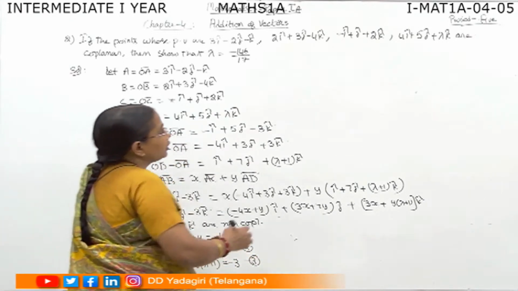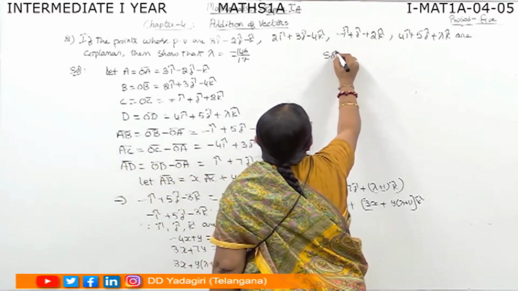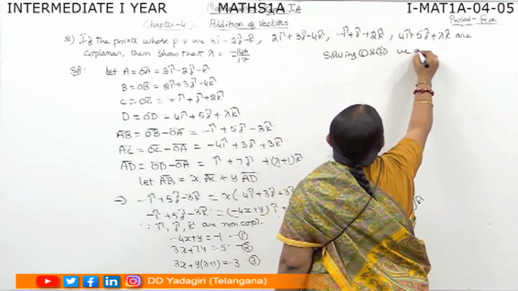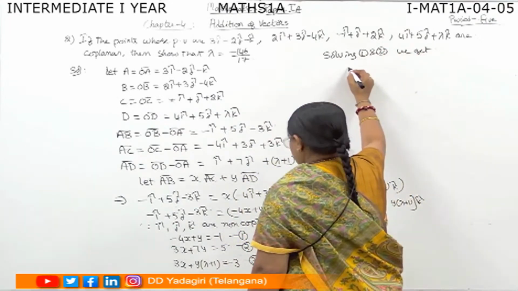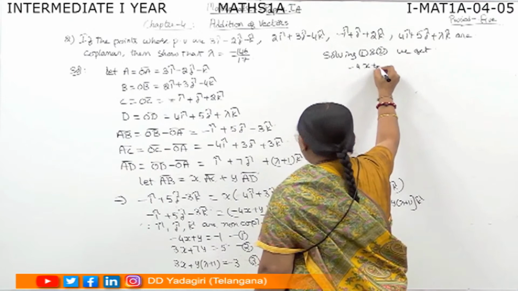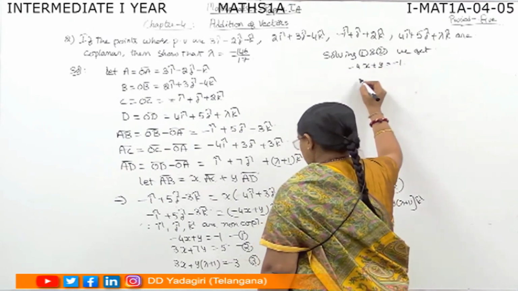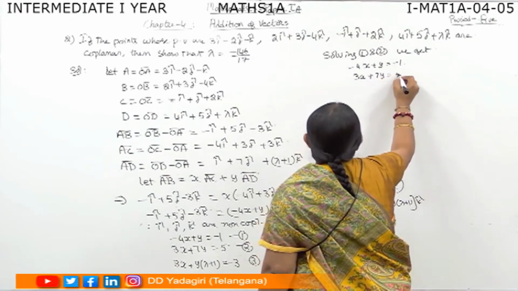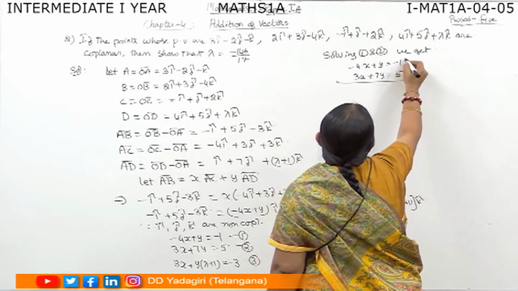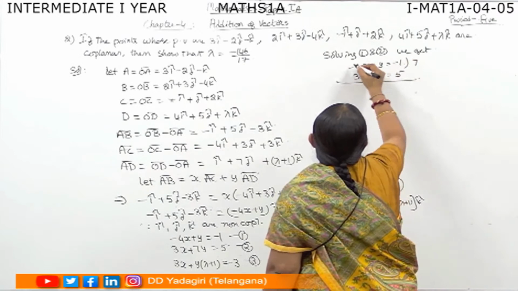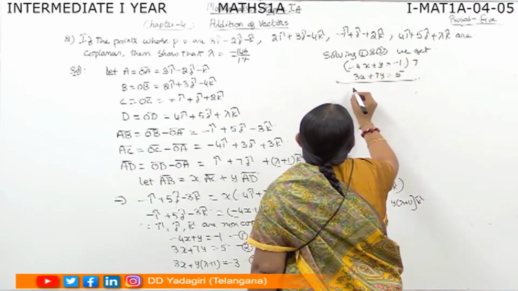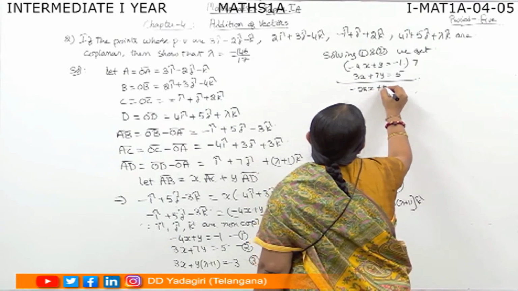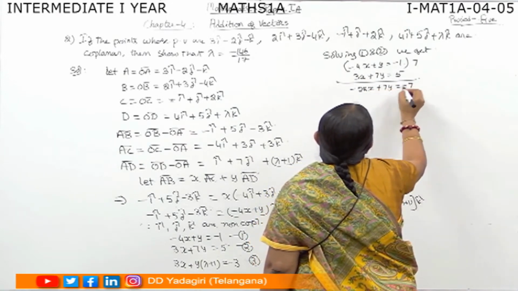Then solving 1 and 2. So minus 4x plus y is equal to minus 1, and then 3x plus 7y is equal to 5. We'll multiply the first equation by 7 and subtract. So when you multiply, it is minus 28x plus 7y is equal to minus 7.